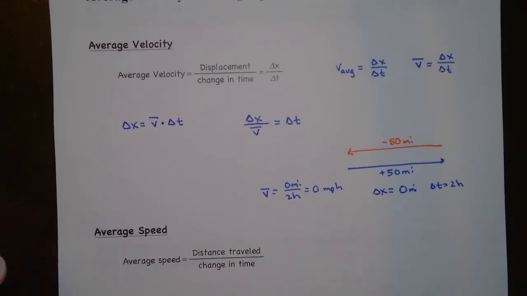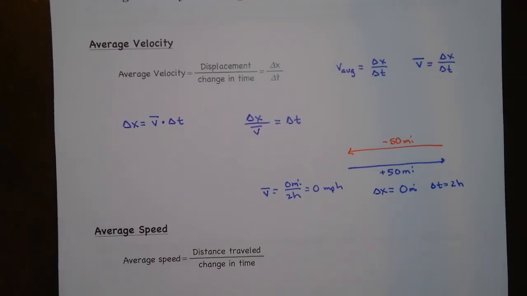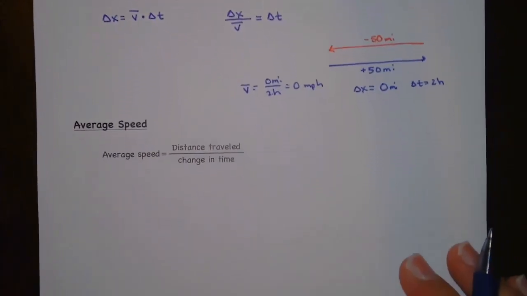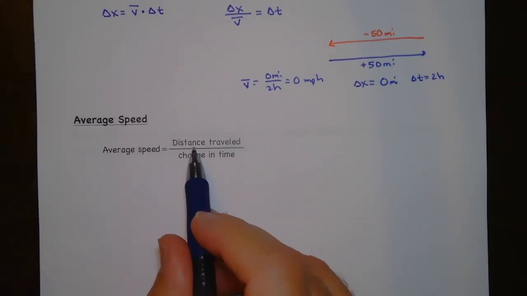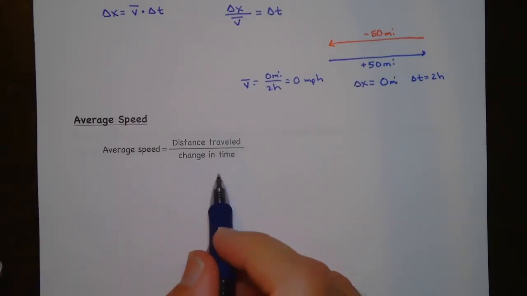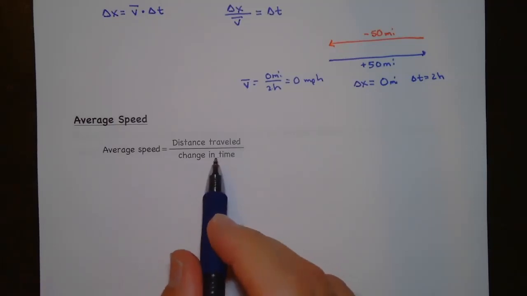So let's look at this from the average speed perspective, okay? All right? So I'm going to slide this up a little bit. So average speed is a little different. It's the distance traveled over the change in time, okay? So there's no symbol for distance traveled.